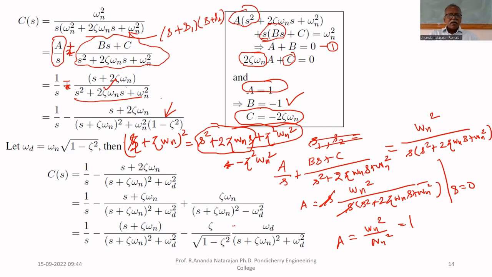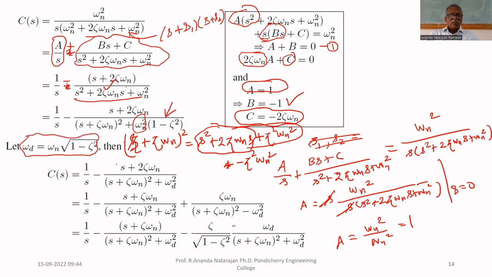And what is the remaining? Remaining terms are omega n square minus zeta square omega n square. If you take omega n square outside, what you will get? 1 minus zeta square. So now omega n square times 1 minus zeta square can be assumed as omega d square.